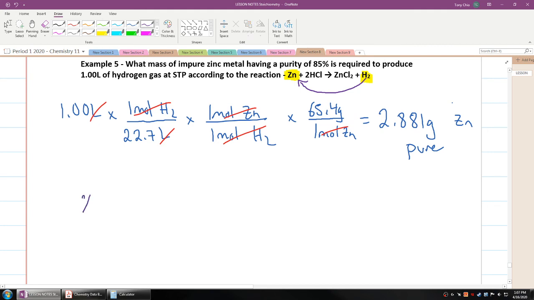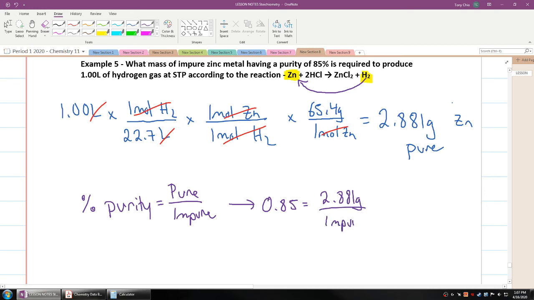Well, you have your purity, you have your pure mass, you could use your calculation to solve for your impure. So in this case, percentage purity is equal to pure over impure. Well, if it's 85%, that's 0.85 is equal to 2.881 grams over impure. Using what we learned previously, if you want to solve for x, you could swap these two.